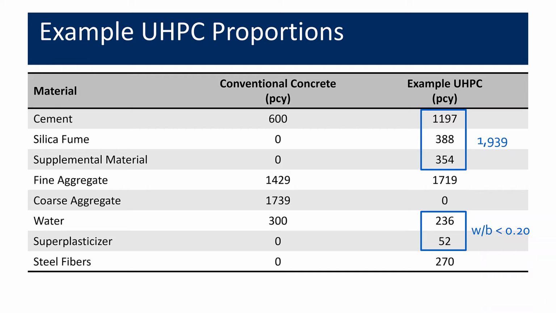So just to compare the numbers a little bit, the conventional concrete has 600 pounds of cementitious material. That UHPC mixture, by comparison, has over 1,900 pounds of cementitious material. And because there's so much cementitious material in this mixture, our water to binder ratio is going to be less than 0.2.